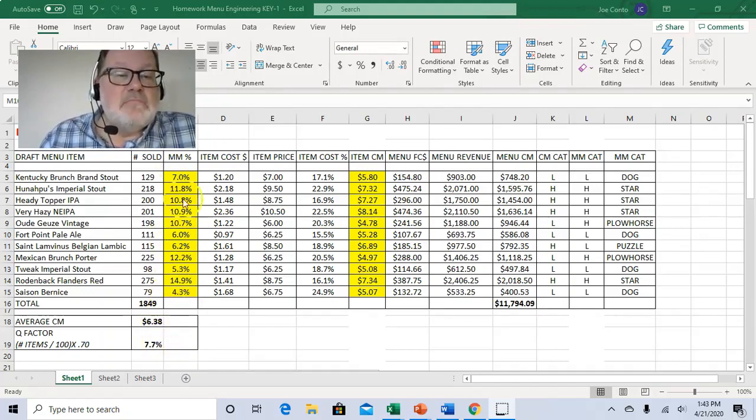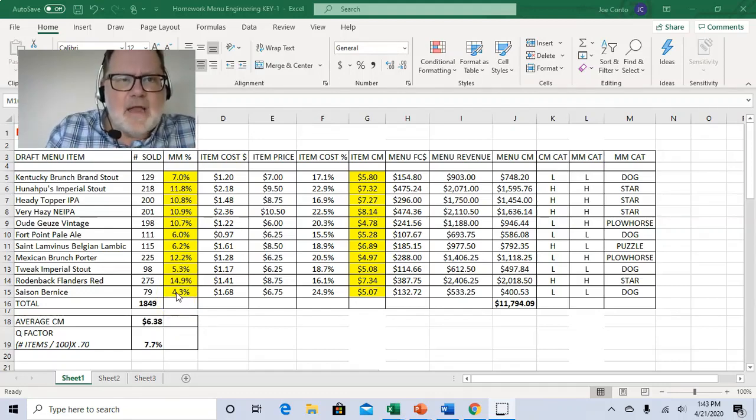Some things were, like the stout, 7%. It was just a little bit lower than average. But then you have something down here like the Saison Bernice, and that is way lower than average.